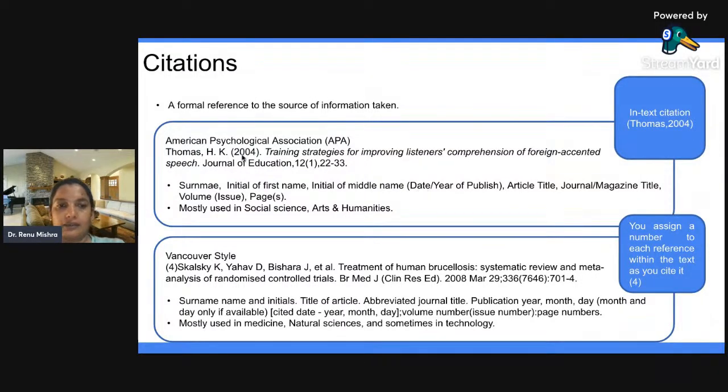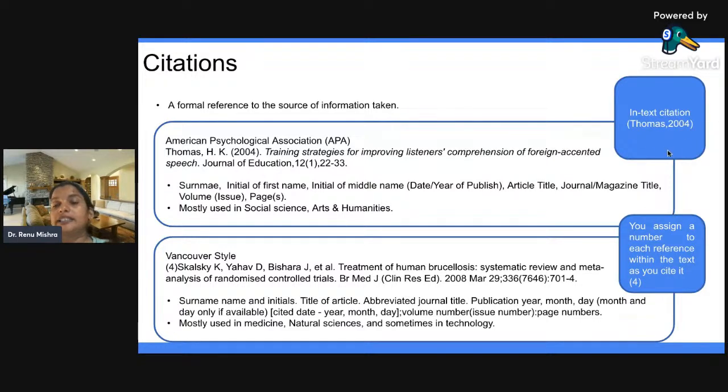Date, in this case I don't have a date, leave it. Year of publication, article title, and other details. Sorted. Whatever details you have, put them. This citation is primarily used in social science, arts, and humanities. This is the reference list, which is done at the end.